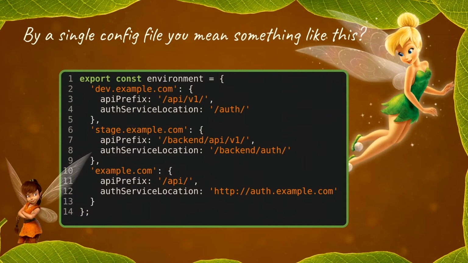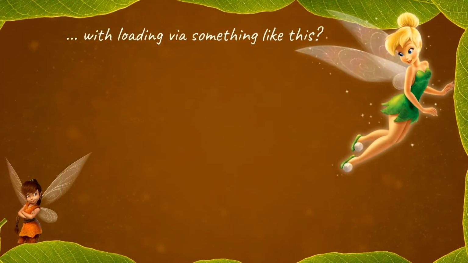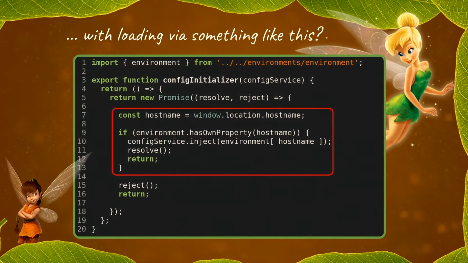And by a single config file, you mean something like this, asked Tinkerbell. And she showed this simple production environment file with all of the configurations. Then, for loading, we have something like this, and she showed a simple configuration initializer, very often used.